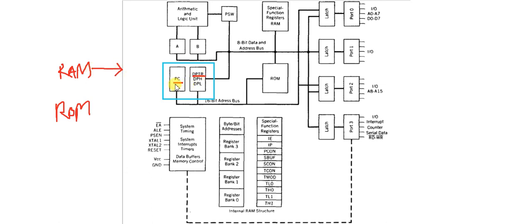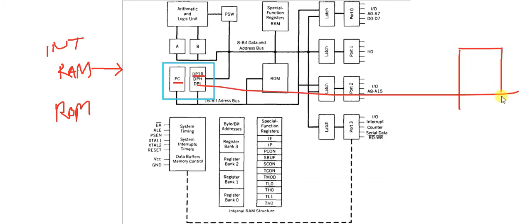But the important thing is that the internal RAM does not use the pointer. This pointer is given here to access the outside memory which we connect additionally, the external RAM.